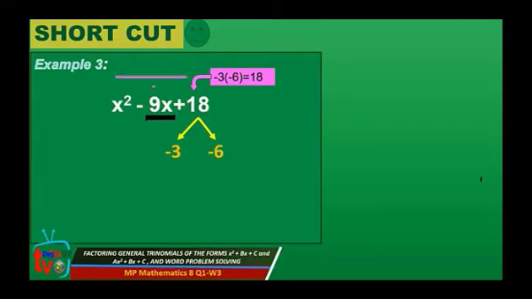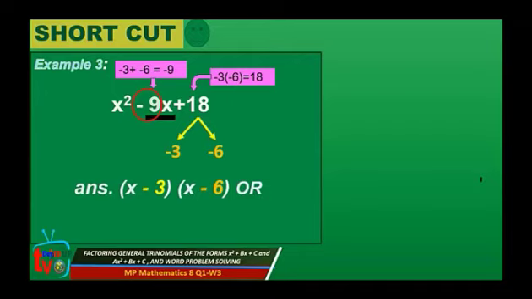And when we add negative 3 and negative 6, the sum is negative 9, which is the middle term. So, the factored form of the given polynomial is equal to the quantity x minus 3 times the quantity x minus 6.